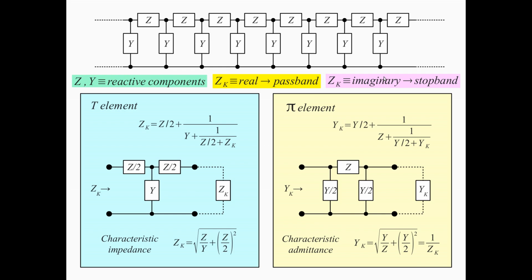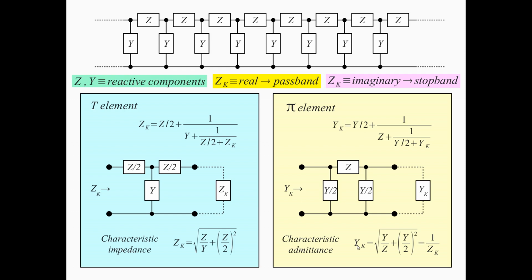We could also do the dual version of the T element, which is the pi element. In the pi element, we split the parallel branch into two parallel branches, and we have only one serial branch, and we have a characteristic admittance here, Yk. We should find this one when it is transformed by our network exactly into the same Yk.